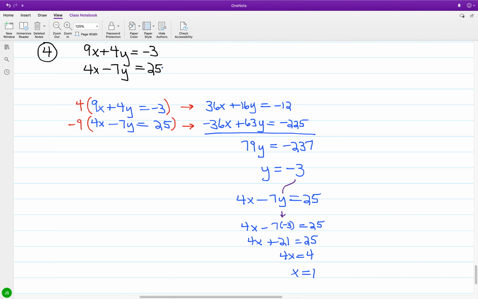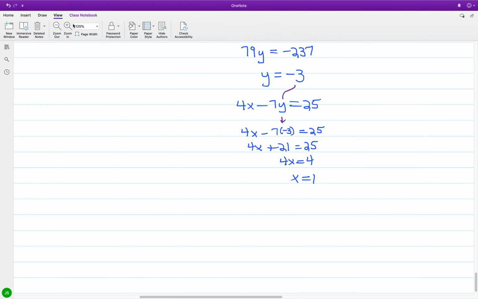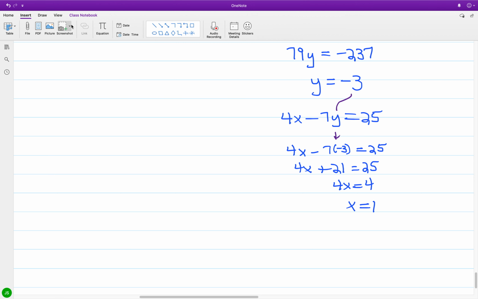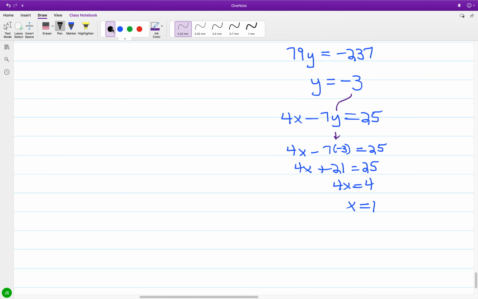Okay, now for identifying the type of solution, as well as the solution itself, for item number 5, we have a graph of two lines intersecting each other, with the point of intersection at, let's say, negative 2, 2.